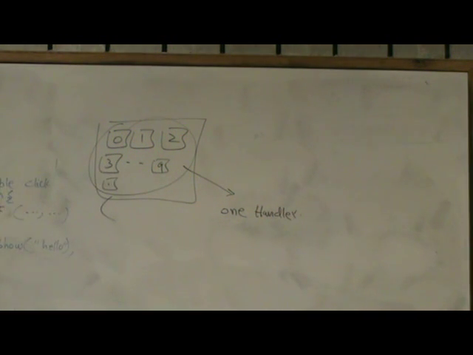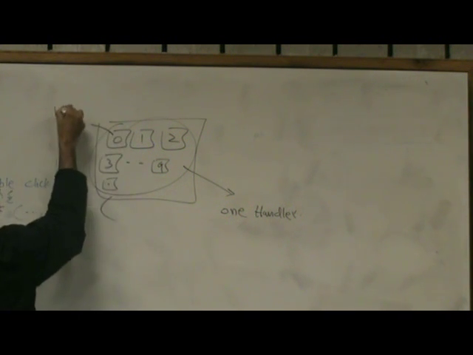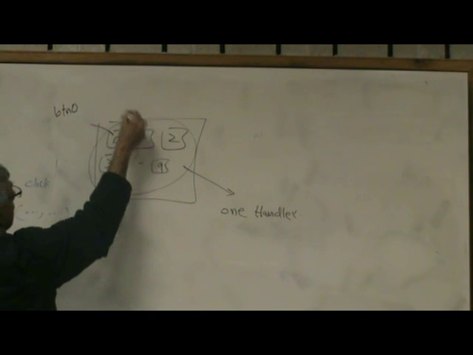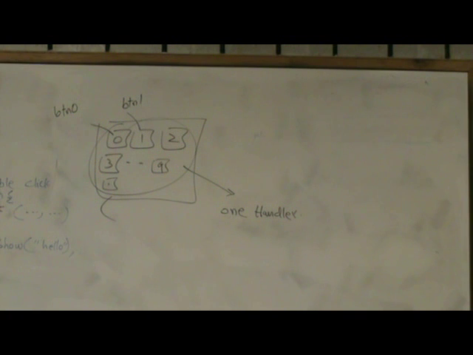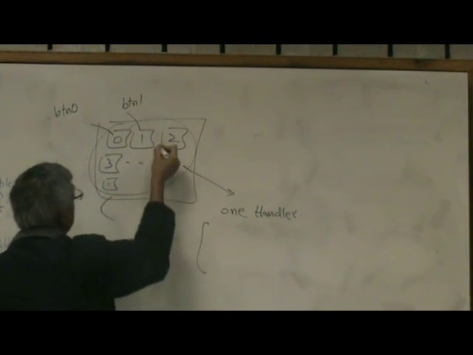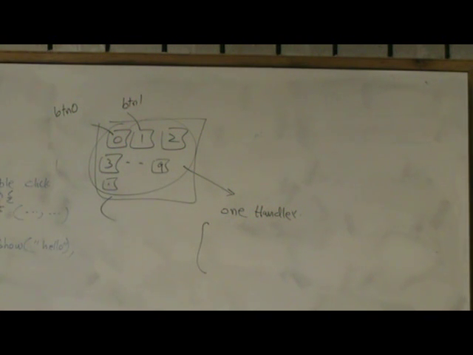Suppose you name these buttons btn0, btn1, and so on. In form1.designer.cs, what kind of code will you need to write so all of them go to one event handler?